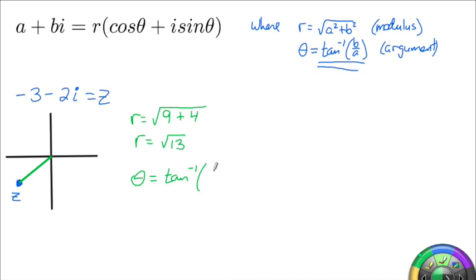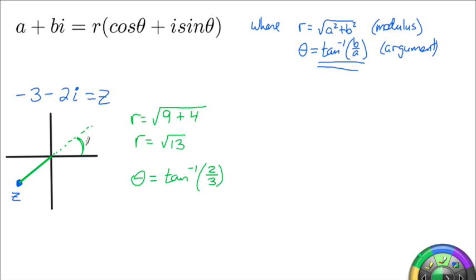So let's see here. It's b over a, so this will be negative 2 over negative 3, also known as 2/3. So in the calculator, tan inverse of 2 divided by 3 is going to give me 33.69. Well, 33.69 is this angle. The angle I want is the one that puts me into the third quadrant.